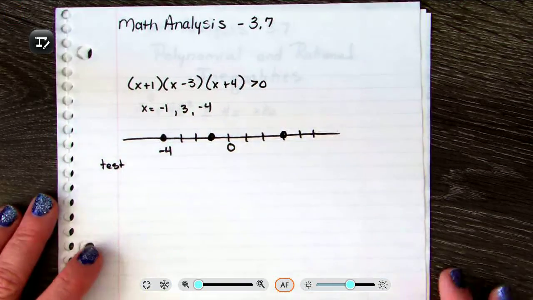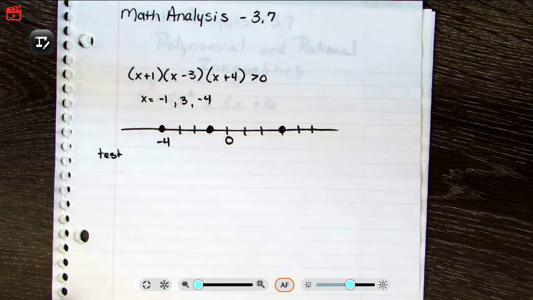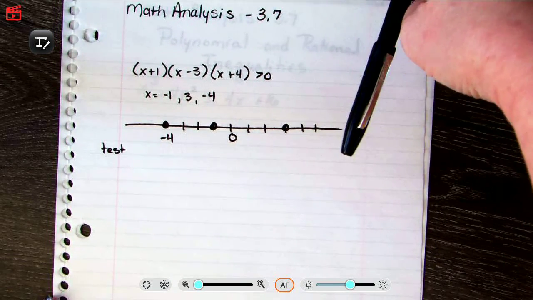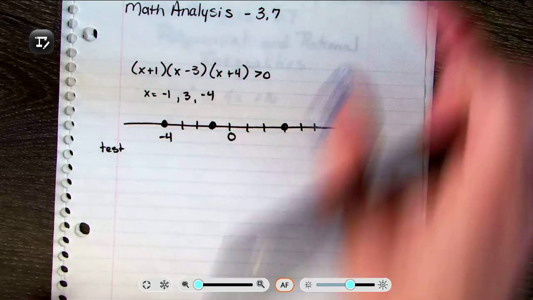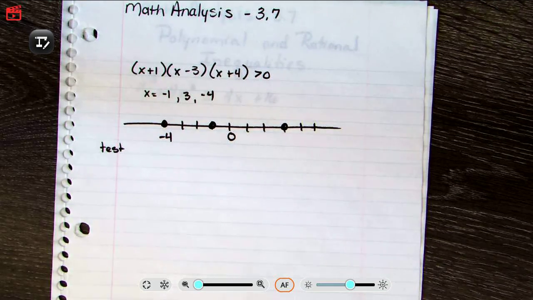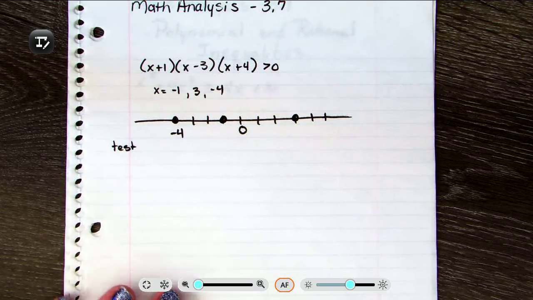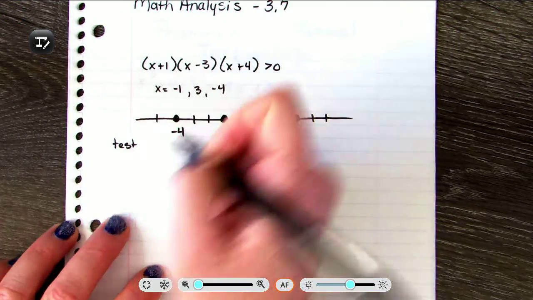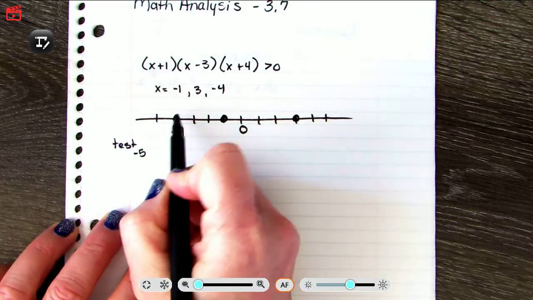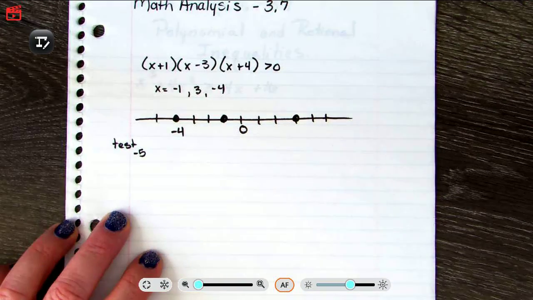And when I do these test points, I'm not going to be concerned about what is the value, because I'm not graphing it. I don't need the dot on the graph, I just need to know, am I above the x-axis or below the x-axis? So I'm going to test -5, because that's going to be from this region here.